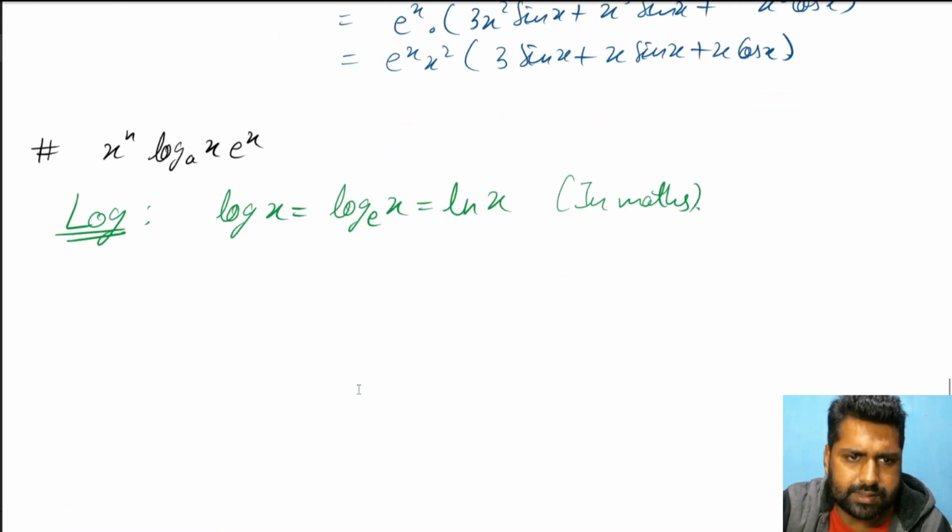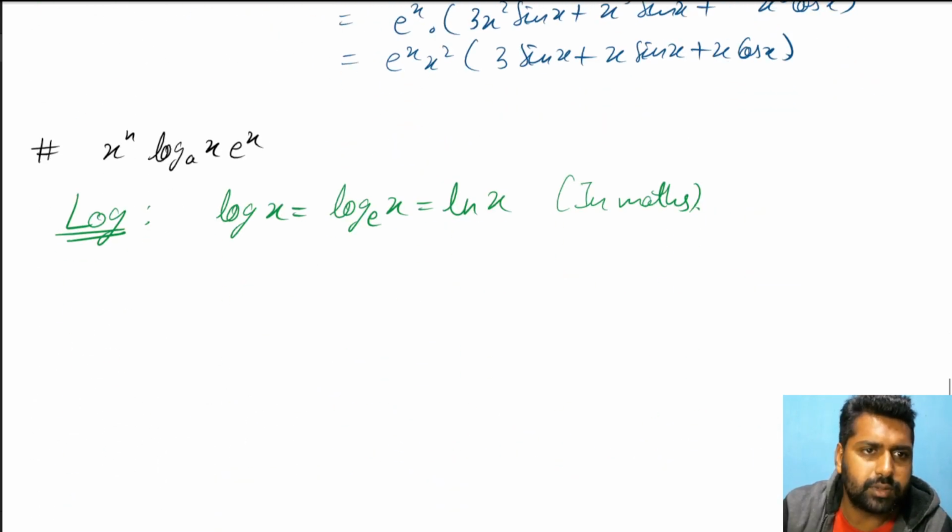Now let's use this idea here in this question. Remember that ln x or log x is pretty much standard in maths. In physics and chemistry, usually log base 10 x is considered as log x. So either the question should be very clear while writing, or they should mention what your base is.